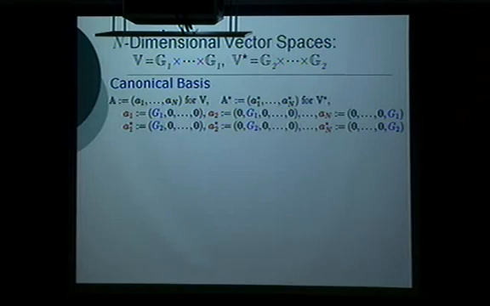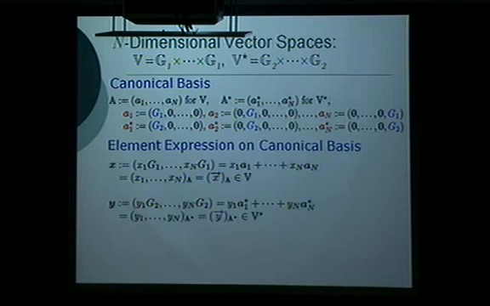Okay, and so then we can express any element by the coefficient vector over a canonical basis. So an n-tuple of group elements can be expressed by a linear combination of the canonical basis, and the coefficient vector over the canonical basis is expressed by this vector.